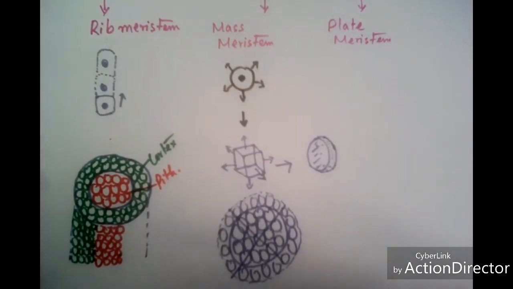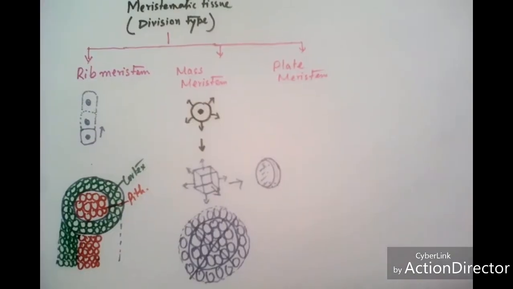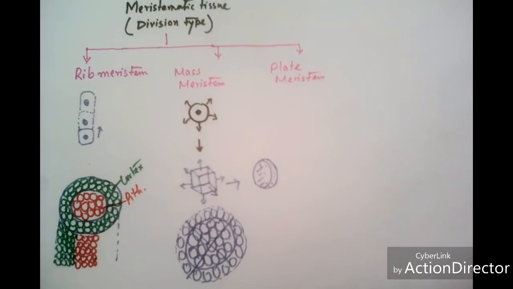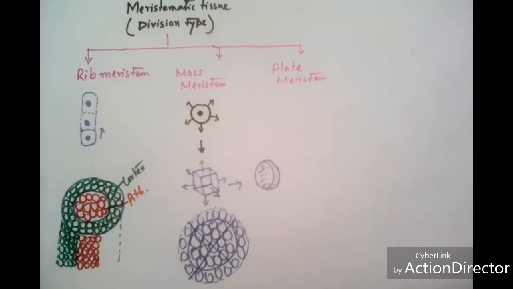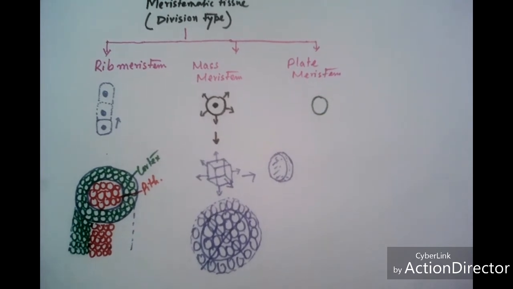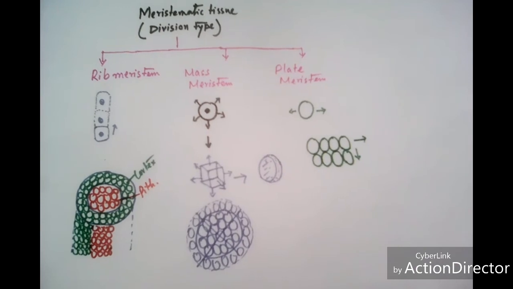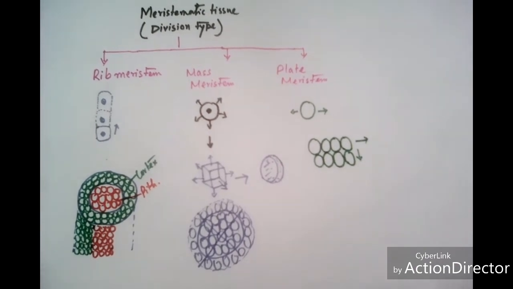Now plate meristem. In the case of plate meristem, cells divide in two dimensions and produce a flat-like structure. So cells produce a thin, flat-like structure.